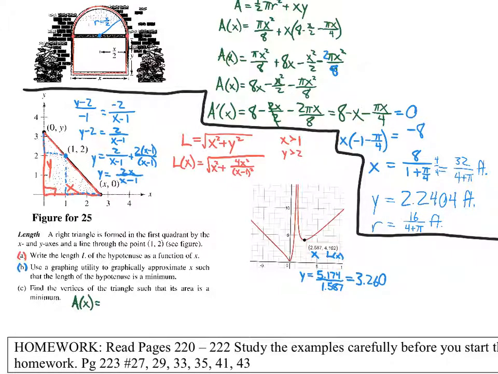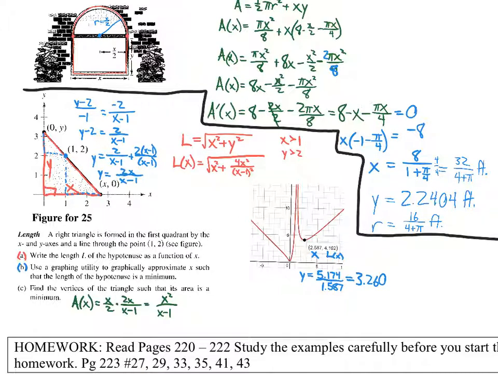You guys know with the triangle, it's 1/2 base times height. So we have 1/2 times x times the y. Well, we already know y is 2x over x minus 1. Alright, so here's our function. The 2's are going to cancel, so it's just going to be x squared over x minus 1.